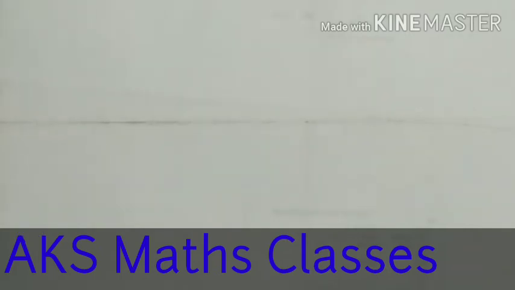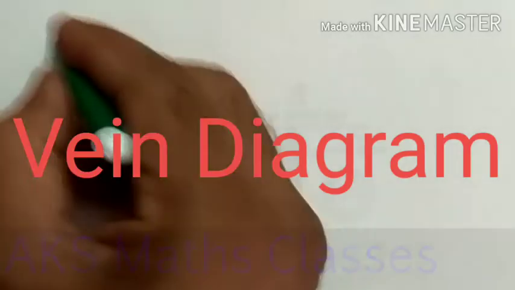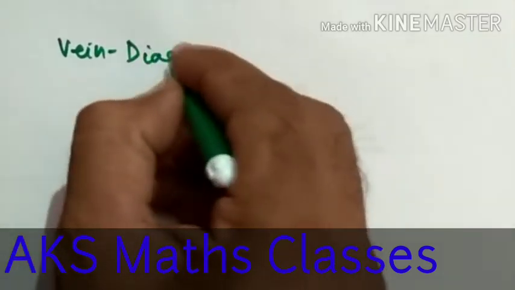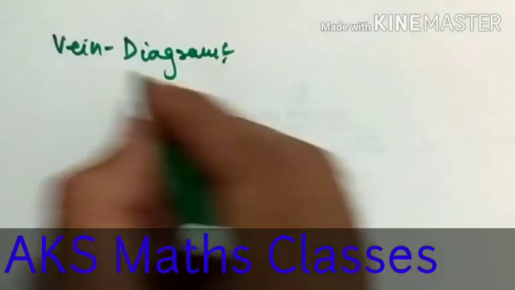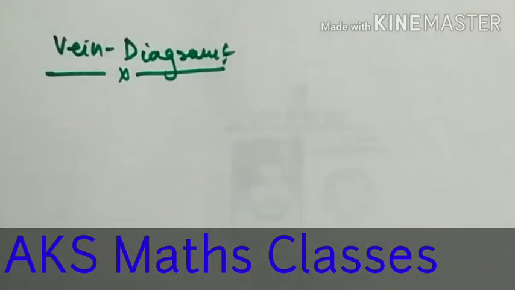Similarly, for set concepts, we have a different way of working to solve the questions. That is a Venn diagram. So see what a Venn diagram is. In the Venn diagram, normally we take two types of figures.